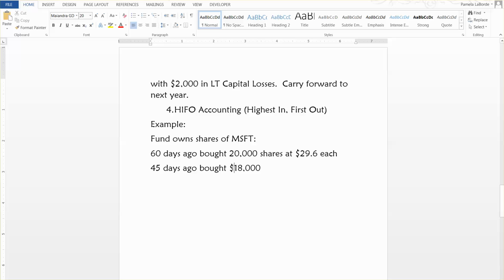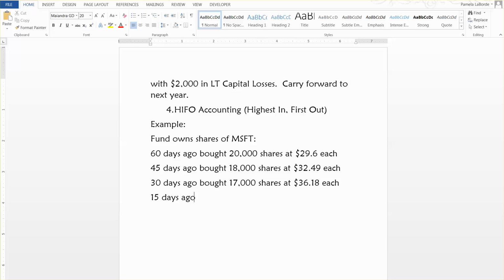That's not dollars. At 32.49 each. And 30 days ago, bought 17,000 shares at 36.18 each. And finally, 15 days ago, bought 16,000 shares at 35.49 each.